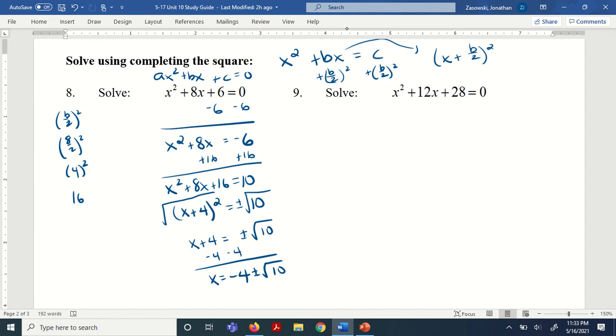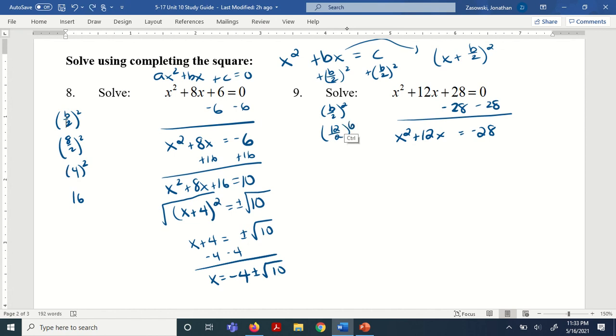Okay, second one we're going to do, same thing. So subtract the 28 from both sides. x squared plus 12x is equal to negative 28. We're going to go ahead and do that b over 2 squared next. So b, remember, is the term with the x on it, which is 12, divided by 2, squared.